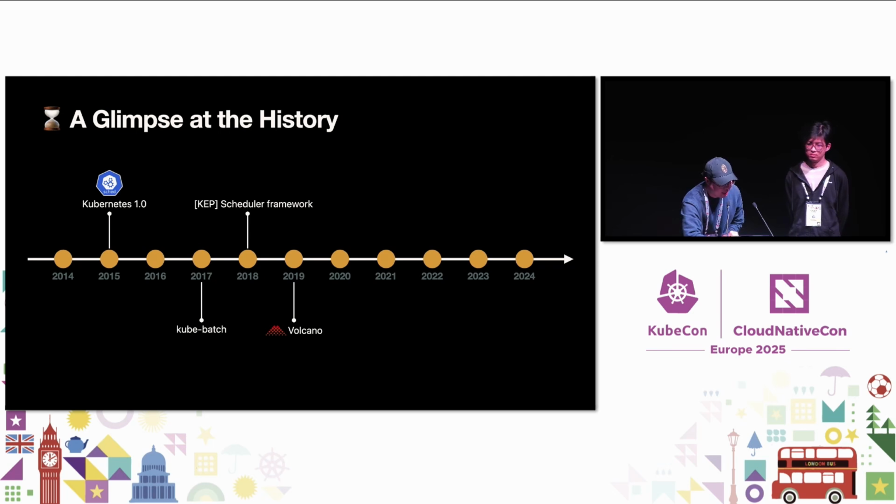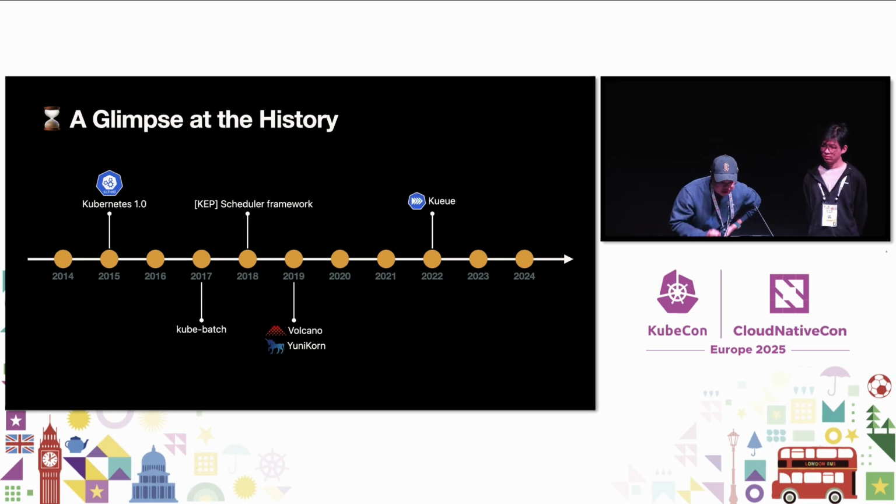You may notice that the first version of Volcano scheduler was forked from kube batch. And Volcano was later donated to CNCF. And YuniKorn, later in that year, 2019, was raised. It leveraged a lot of design concepts of the Yarn scheduler, and is also hosted by the Apache Foundation.